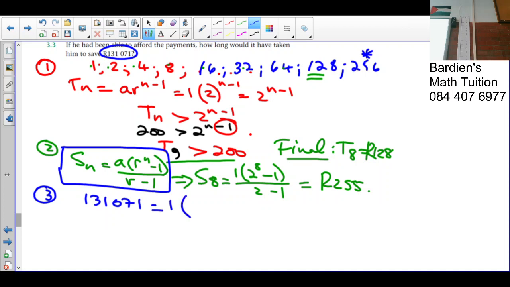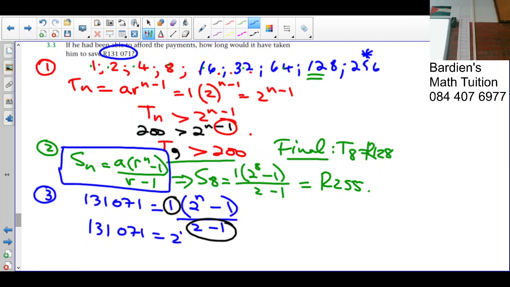You got r, which is 2. n is what we're calculating, because n is the number of weeks. Minus 1 over r, which is 2 minus 1. Now 2 minus 1 is 1, and that 1 can be dropped. So it's 131071 equals 2 to the n minus 1.